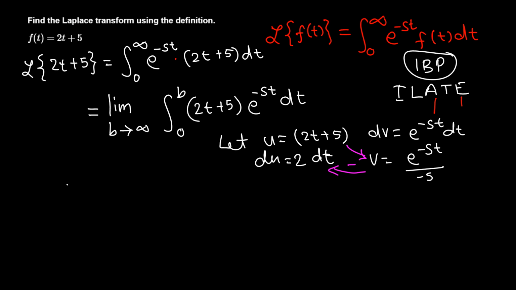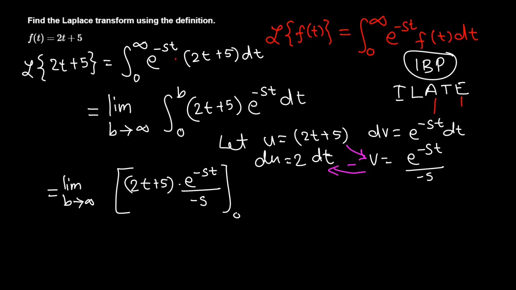So this is the limit as b goes to infinity of uv, 2t plus 5 times e to the negative st over negative s, going from 0 to b, for t, minus the integral from 0 to b of v du.